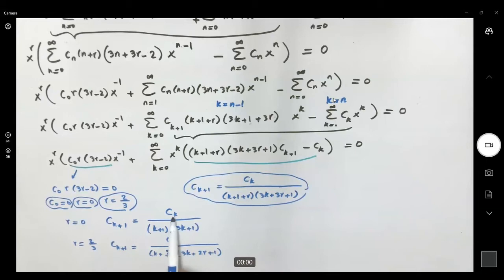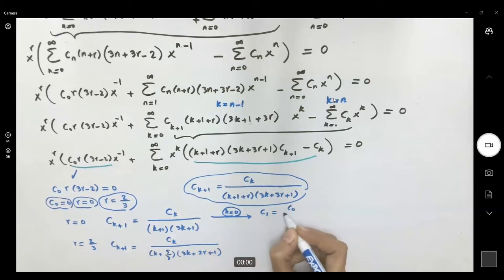So far, so good. So let's see what do we have. If k is equal to 0, from the first equation, I have c1 equals c sub 0 divided by 1 times 1, or just 1.